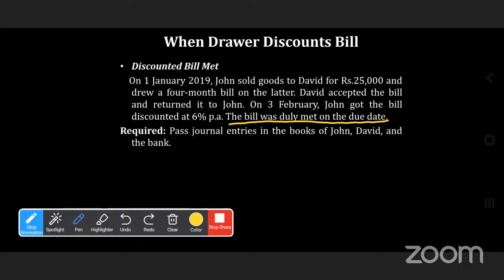Now you have to write journal entries in the books of John, David and the bank. Let us see the journal entries in the books of John. Now give the first two journal entries.